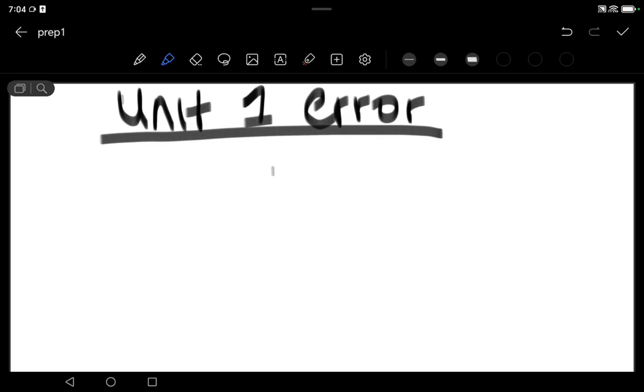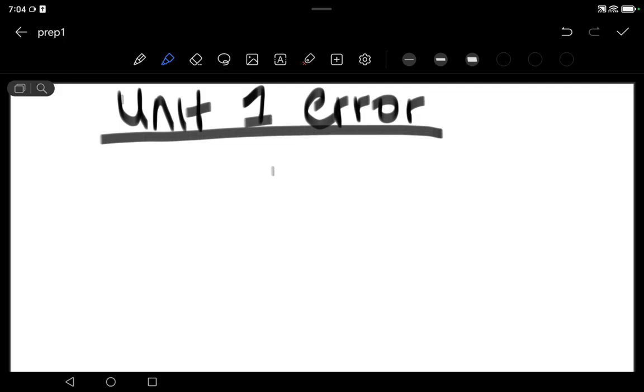Okay, it's fine. Let's continue. So today we're going to learn about errors and their types. Before learning about types of errors, let's learn about what is error.